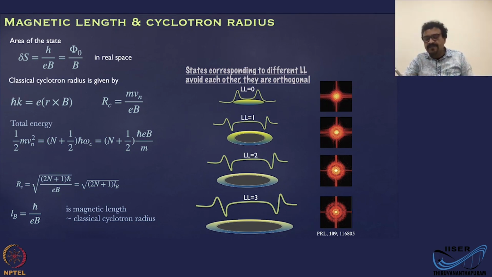And the density of these states has also been visualized by tunneling spectroscopy techniques. What they have seen is the spread of the density of states using the tunneling experiment.